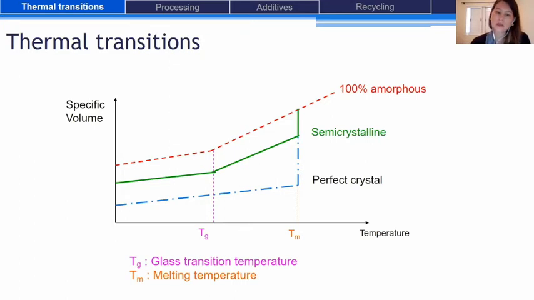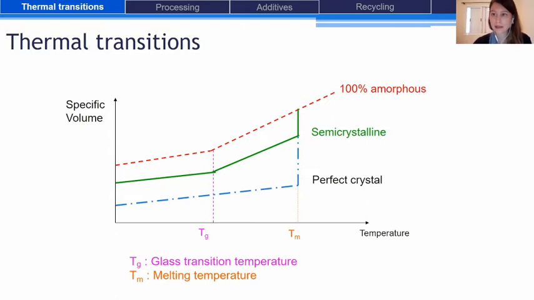Then let's look at a perfect crystal, which is 100% crystalline. In that case, we have only a melting temperature and no glass transition temperature because there is no amorphous portion. There is a dramatic increase of the specific volume of this material at the melting temperature. Why? Because below the melting temperature, all the polymeric chains are perfectly ordered in crystals, which are dense regions.